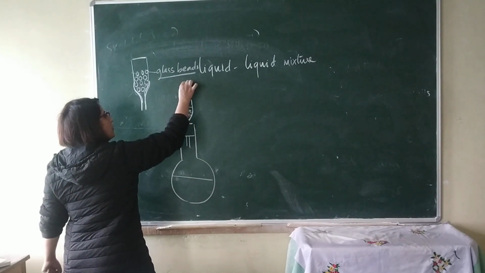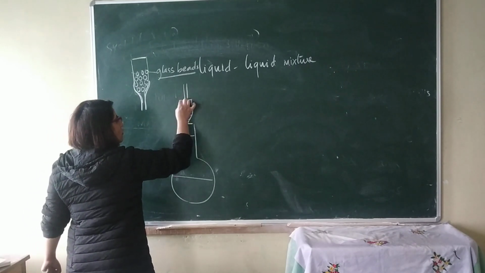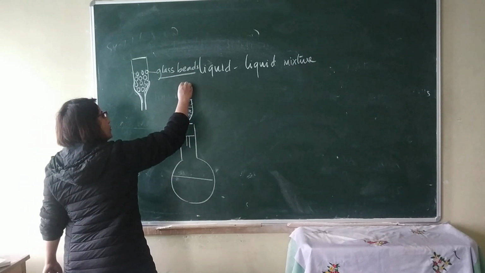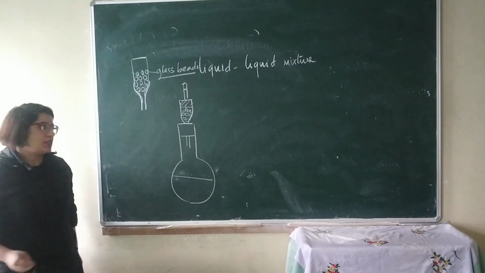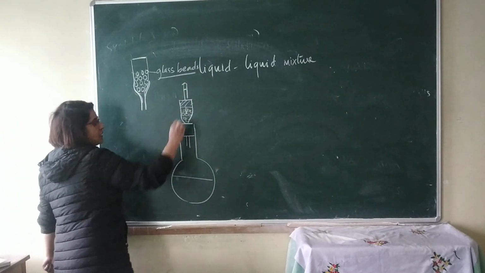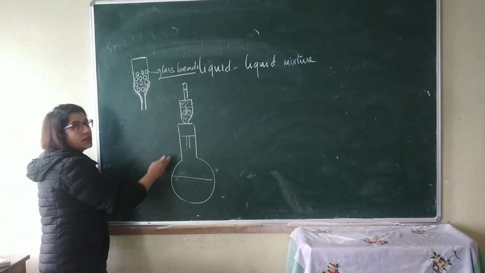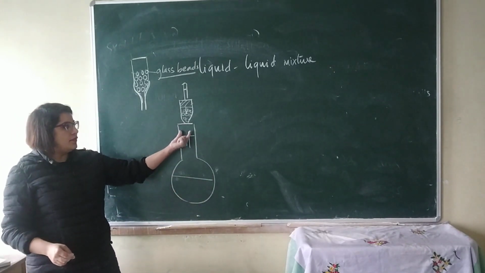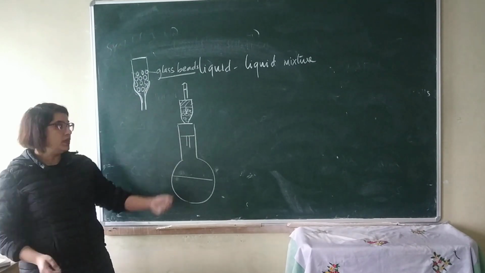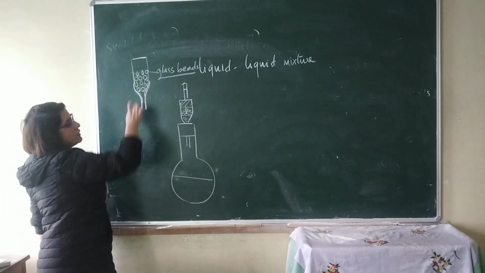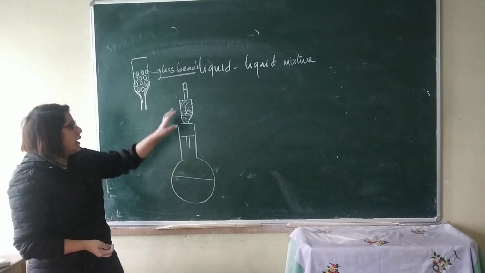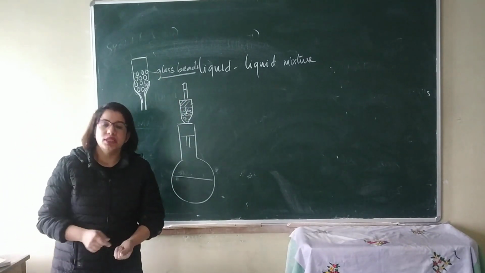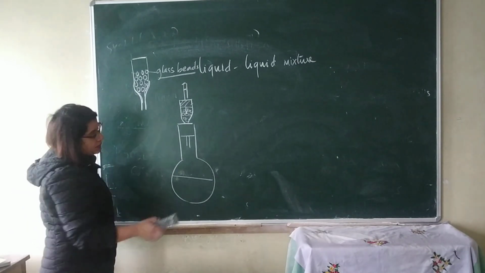This fractional column is again closed with a stopper which has a hole, and through this we insert a thermometer to measure the temperature. So we took a distillation flask with a mixture of alcohol and water, closed it with a one-hole stopper, inserted a fractional column through the hole, and closed this also with a one-hole stopper through which we inserted a thermometer.